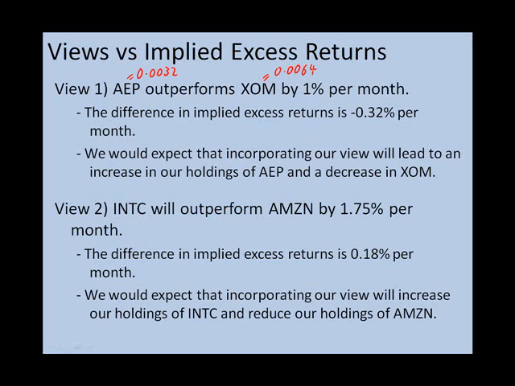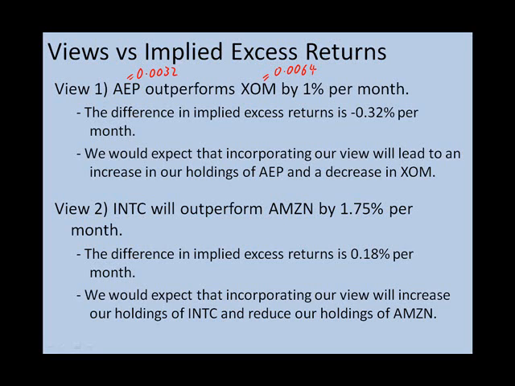The difference in the implied excess returns between AEP and ExxonMobil is negative 0.32% per month. In other words, according to the implied excess returns, ExxonMobil will be outperforming AEP. But our view is that AEP is going to outperform ExxonMobil by 1% a month.